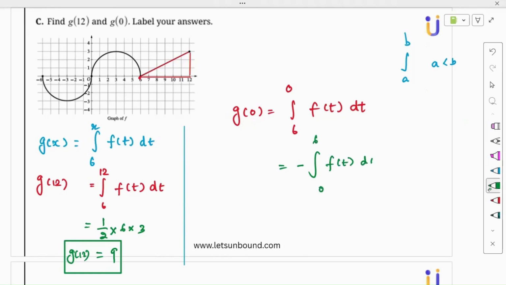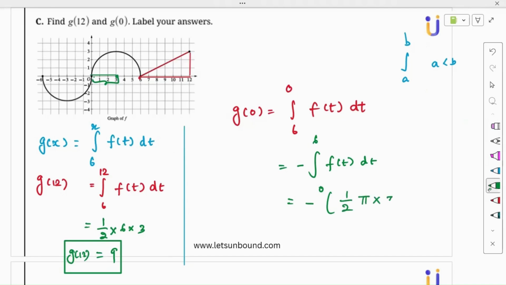So from 0 to 6, what is the area under the curve? Under doesn't mean the graph has to be below. This is the area we are looking for G of 0, with a negative. So from 0 to 6, the area under the curve is a semicircle. And what is the radius of the circle here? 3 units. So this is nothing but -1/2 pi r squared.